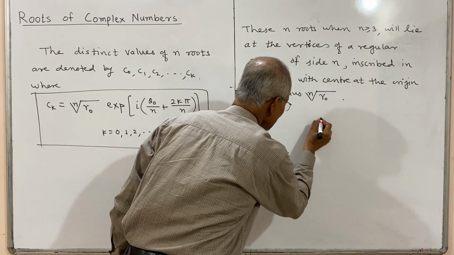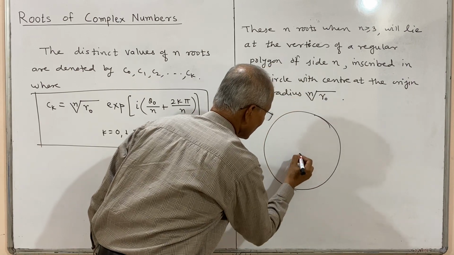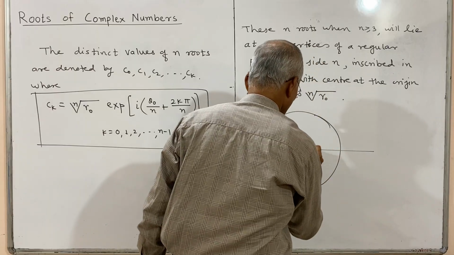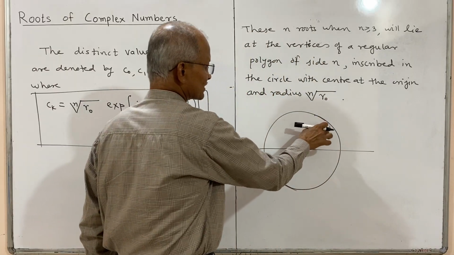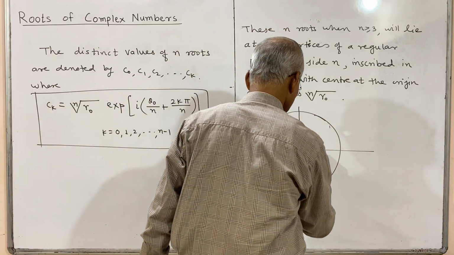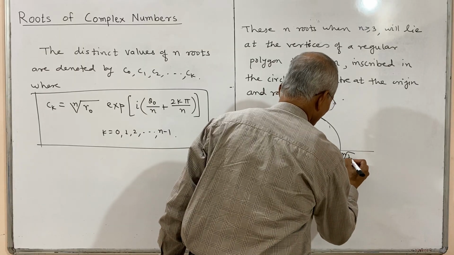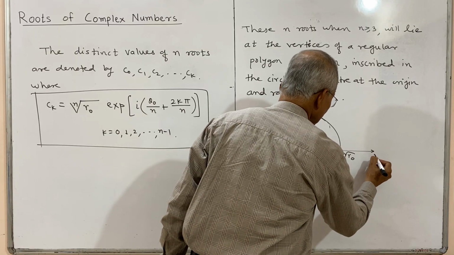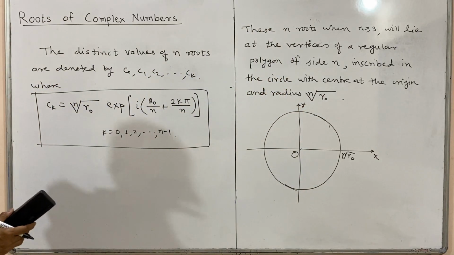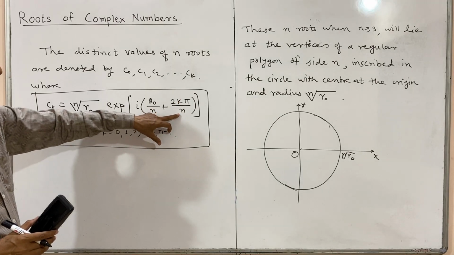So, that means these roots will lie on a polygon. The polygon is inscribed in this circle, the radius of this circle is nth root of r naught, and the roots differ by an angle 2 pi divided by n.